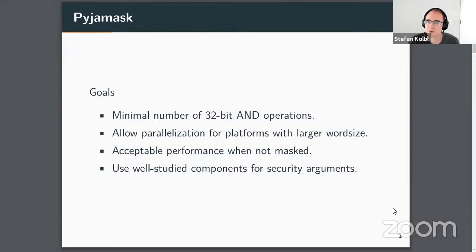As already mentioned by the previous speaker, it's nice to have parallelization. This might not be too relevant on microcontrollers, but as he mentioned, on the server side you can use this parallelization to still get fast software implementations on those platforms.